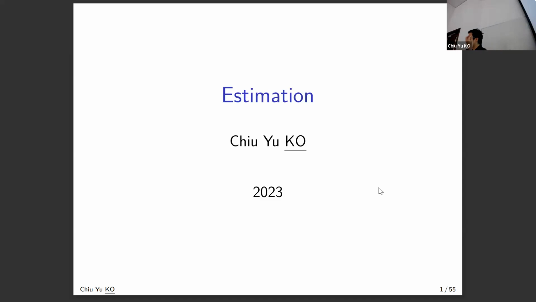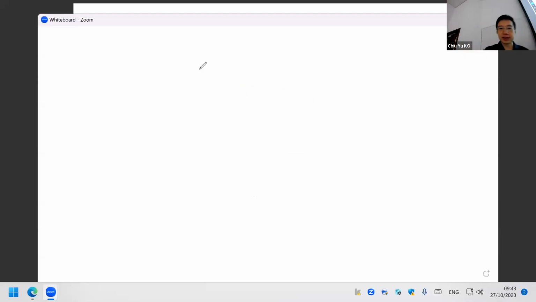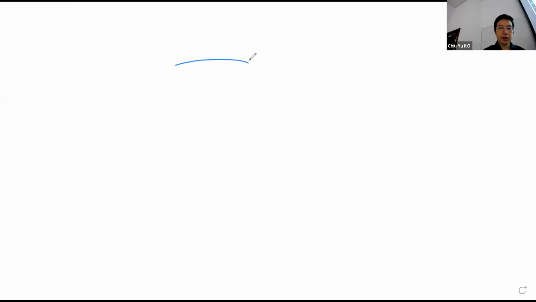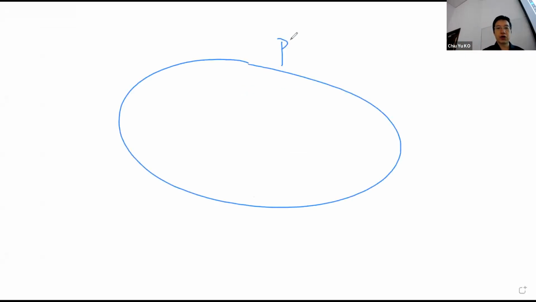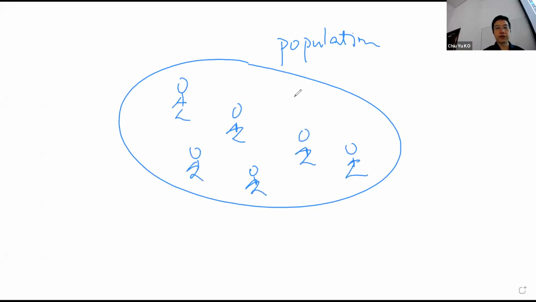We want to know the population parameters mu and sigma square. Let's go back and draw a picture to get the idea. You always have a population with so many people that we are unable to talk to everyone.